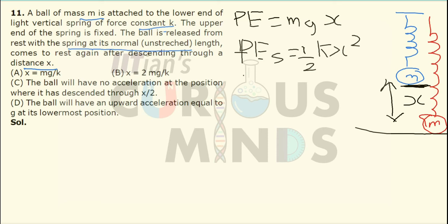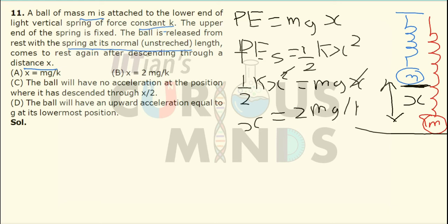So half kx square should be equal to mgx. We have to calculate the value of x, so one x and one x will get cancelled out. x will be equal to 2mg divided by k, which is option number B.